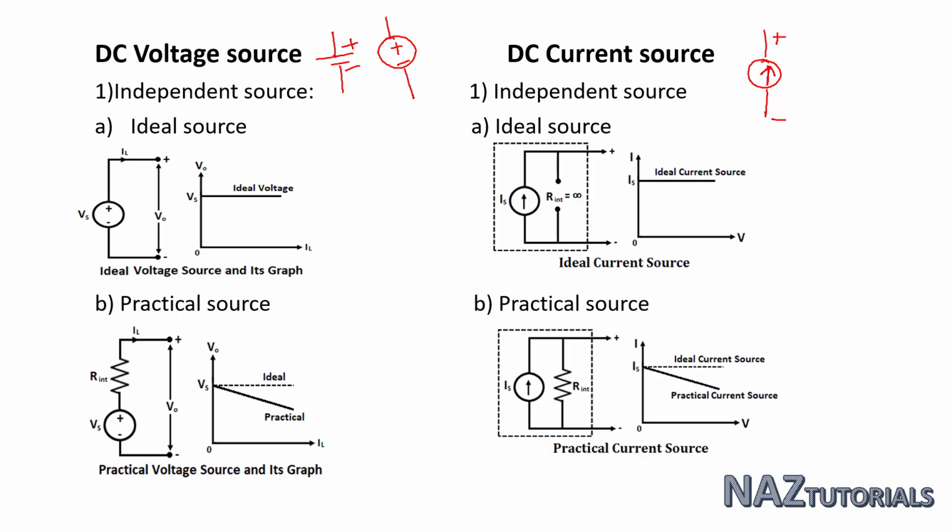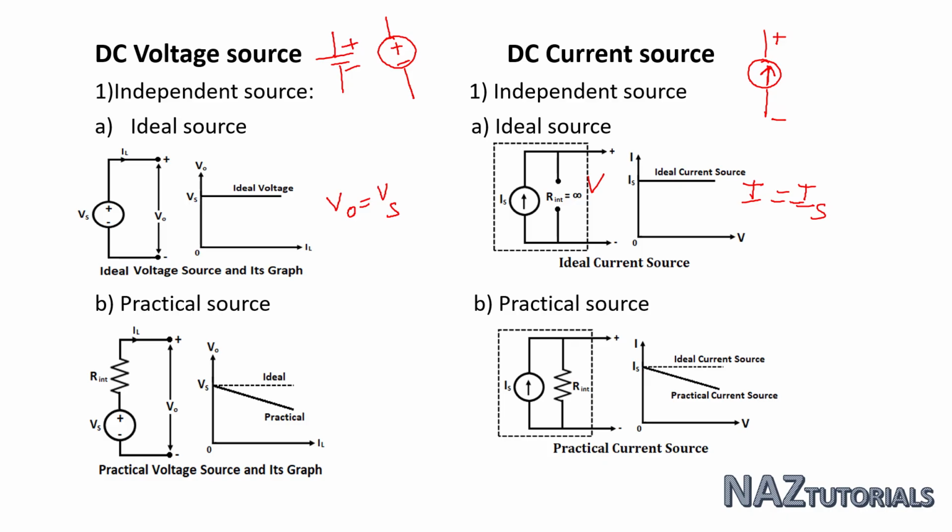So if you see, this current source value will be fixed even if we change the load, that means if we change the voltage V, then the output current I is equal to Is.